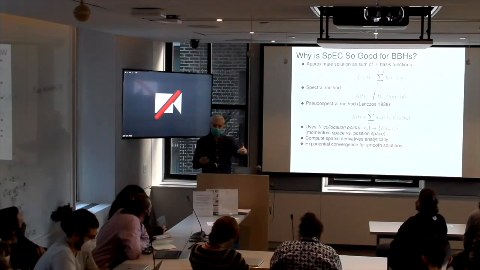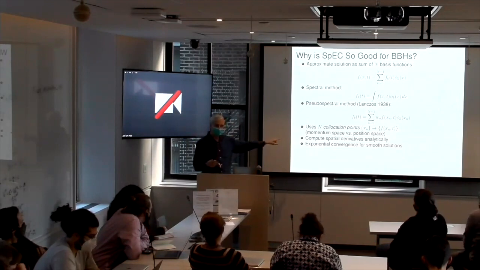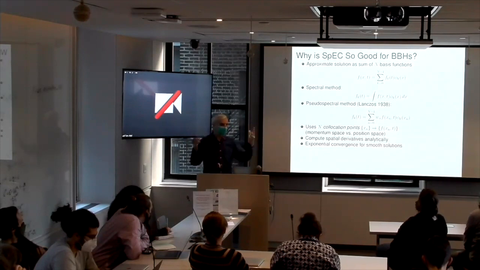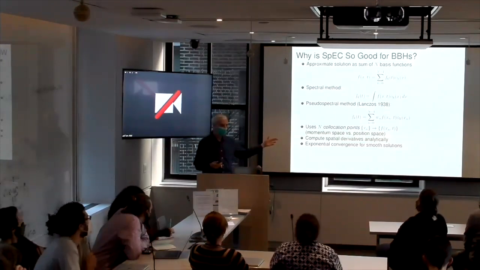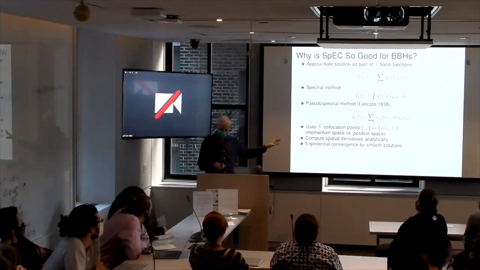So you double the number of grid points, the error goes down by a factor of 4. Here, when you double the number of grid points, you typically get a factor of 10 to the 5, 10 to the 10 improvement in your convergence. So it's really powerful in that sense.